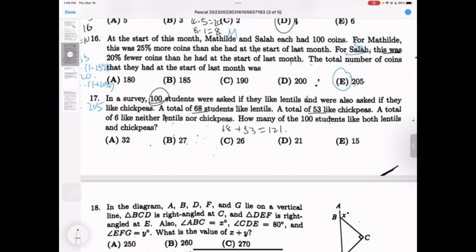So we just find the difference between 121 and 100, and that is 21. So we can conclude that there are 21 students who support both options.